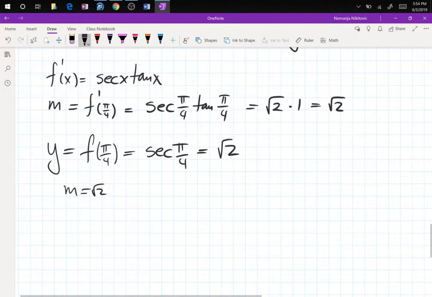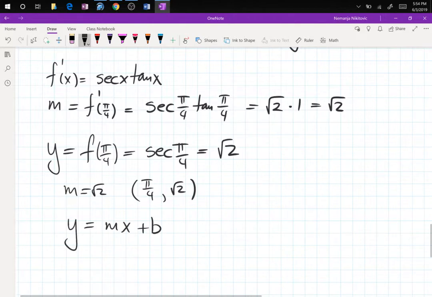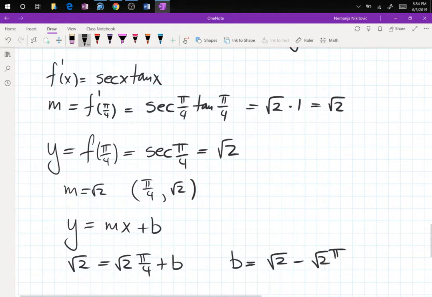Slope is root 2, and the point is pi over 4, root 2. y equals mx plus b. y is root 2, m is root 2, x is pi over 4, plus b. b is equal to square root of 2 minus square root of 2 times pi over 4.